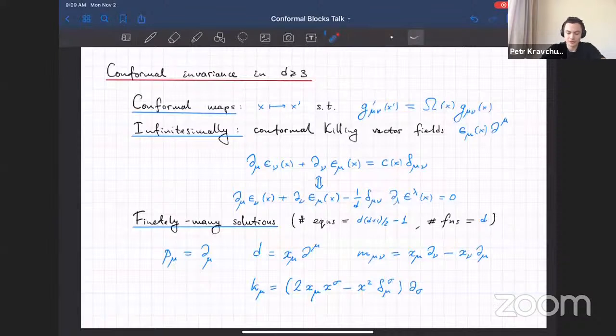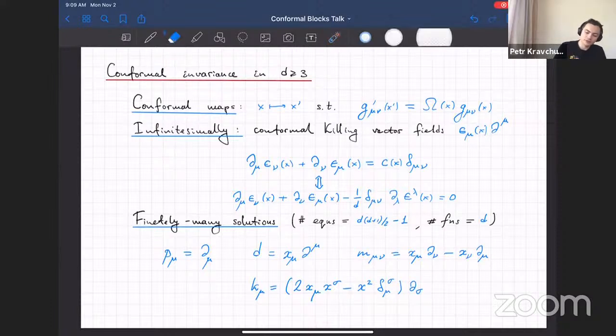This is not very surprising because if you count the number of equations and the number of functions in more than 2 dimensions, there are more equations than functions. So it's maybe more surprising that there are any solutions at all.